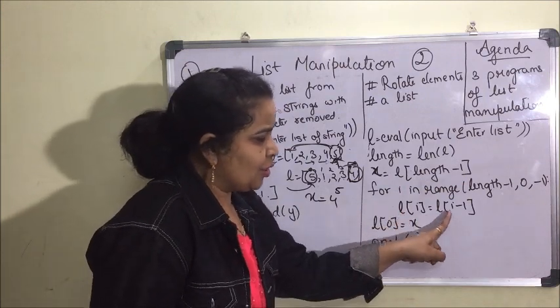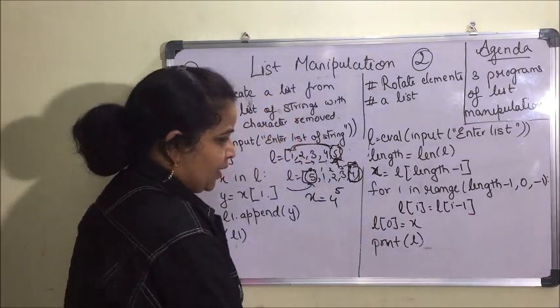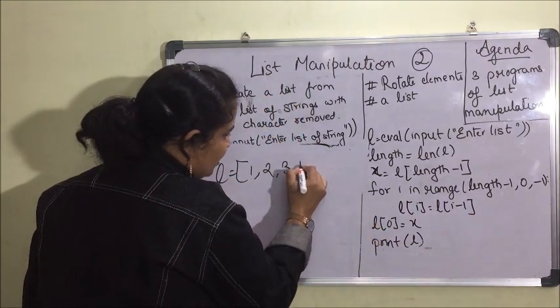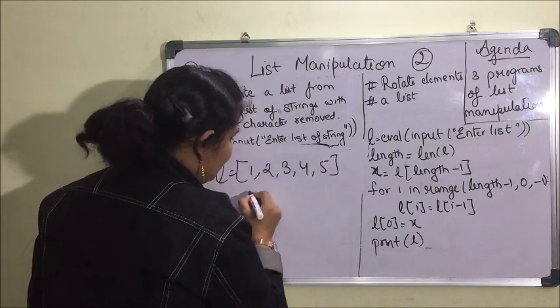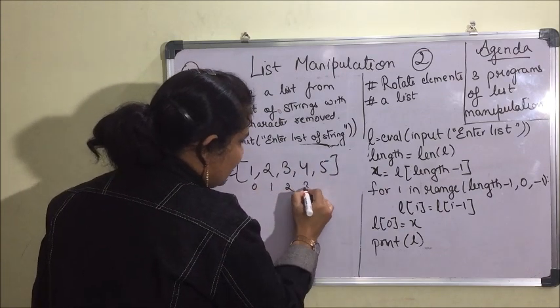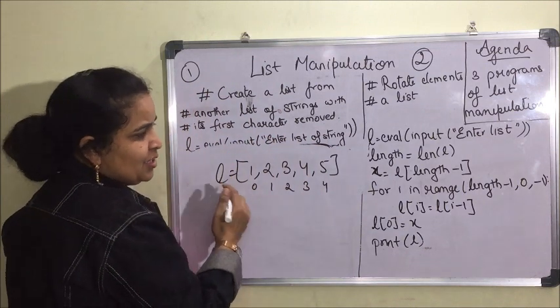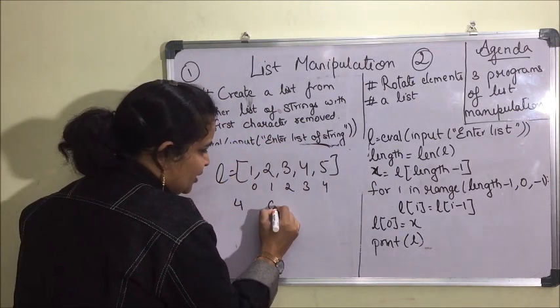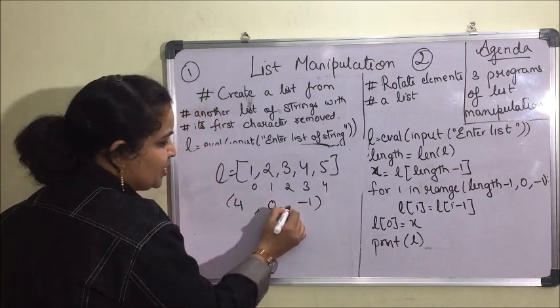L of I is equal to L of I minus 1. Suppose L is 1, 2, 3, 4, 5, with indexes 0, 1, 2, 3, 4. We are using reverse loop, that is it will go from 4 to 0 and step value is minus 1.